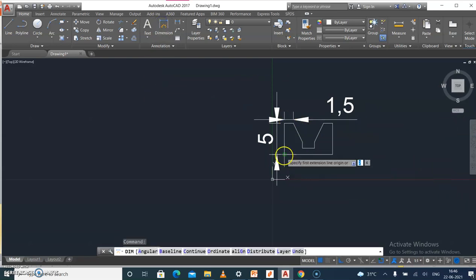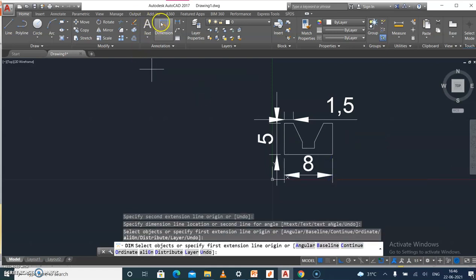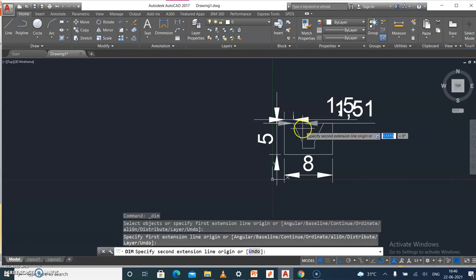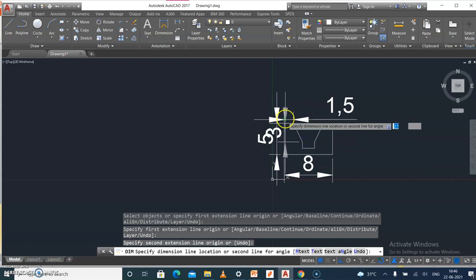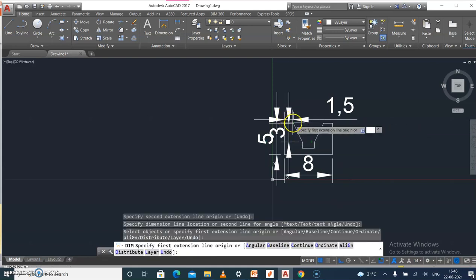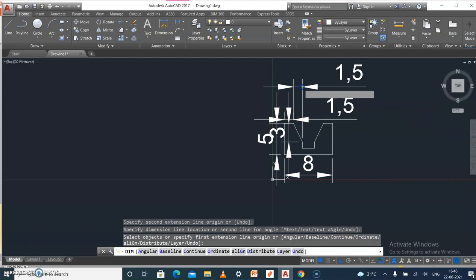Then what is this distance? The vertical distance is 3, and the horizontal distance of this is 1.5.